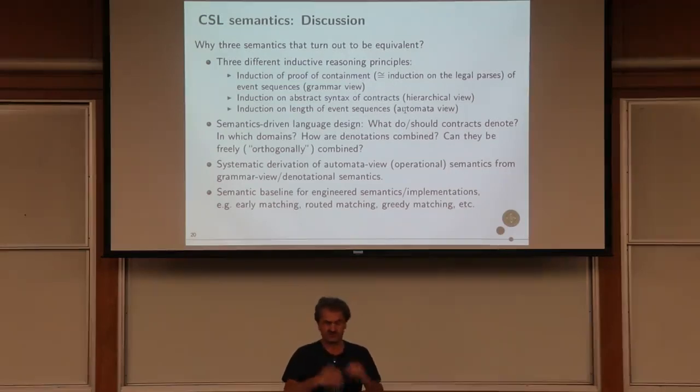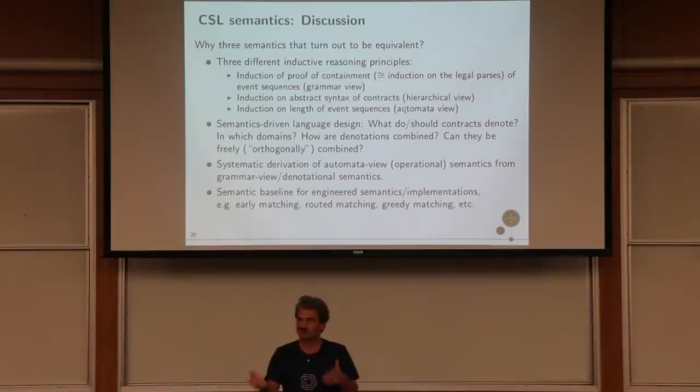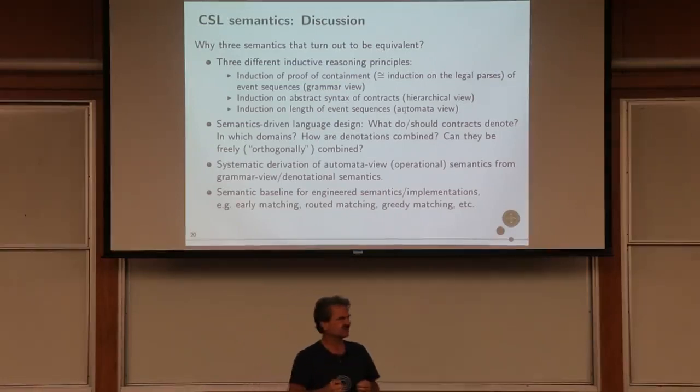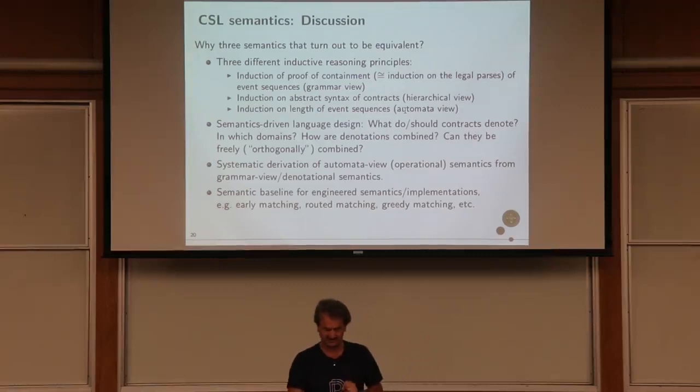Then we also have induction on the abstract syntax of contracts, which is the denotational semantics. So we could say, I want to prove something about the set of sequences denoted here, all of them having a certain property, and you can do this by induction. This should lead up to something like type systems or abstract interpretation, classical denotational abstract interpretation in the sense that it's compositional on the syntax.